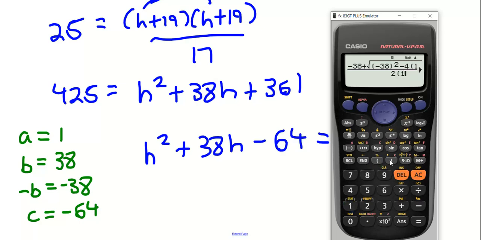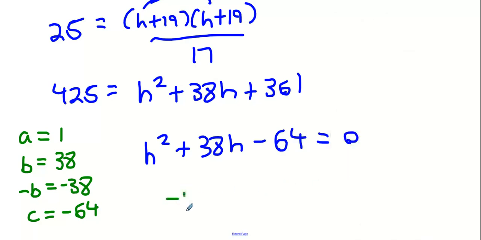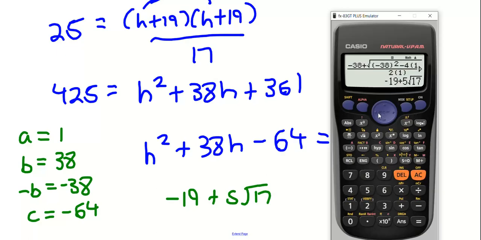Okay, I got minus 19 plus 5 root 7. Oh, plus 38 squared. Oh, yeah. It won't affect the answer, but yeah, you're right. It's meant to be plus 38 squared, because I'm squaring a minus number, it'll still turn out the same.